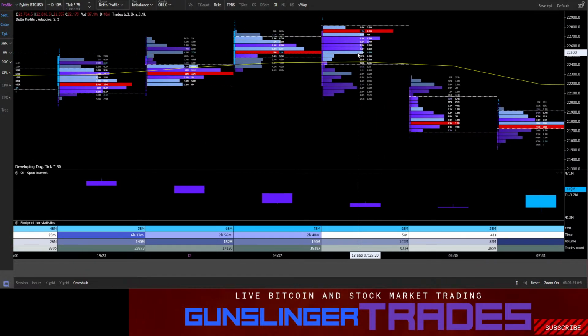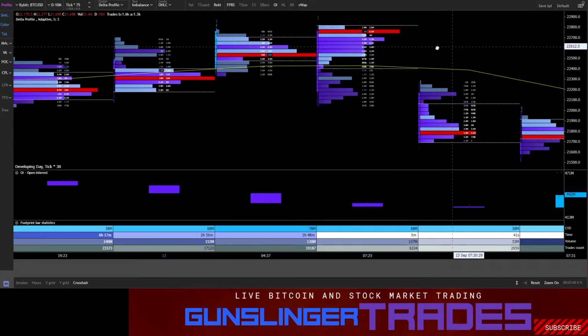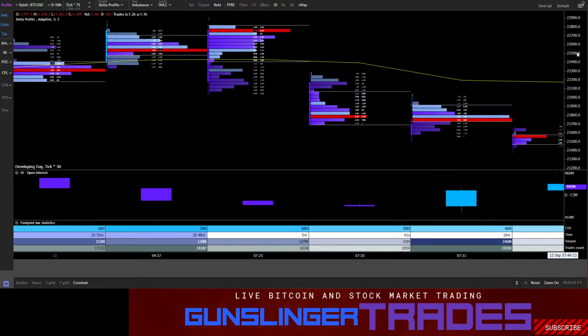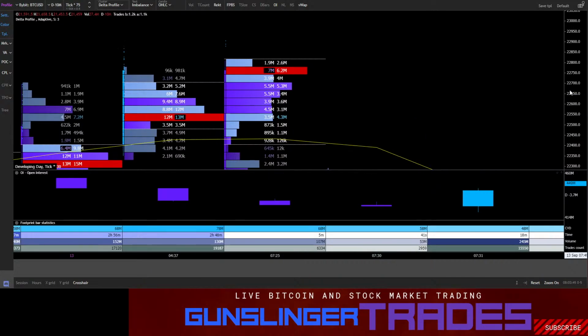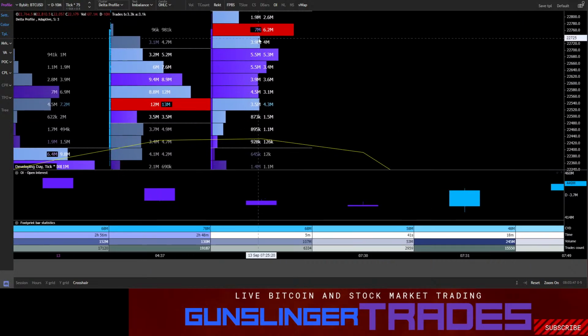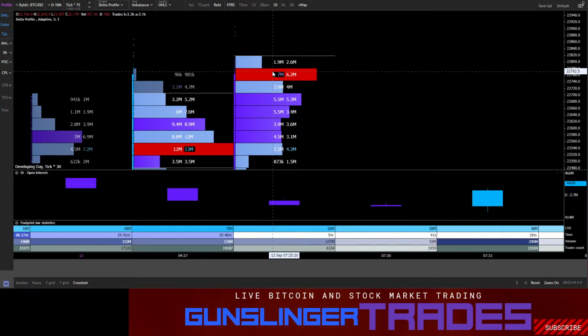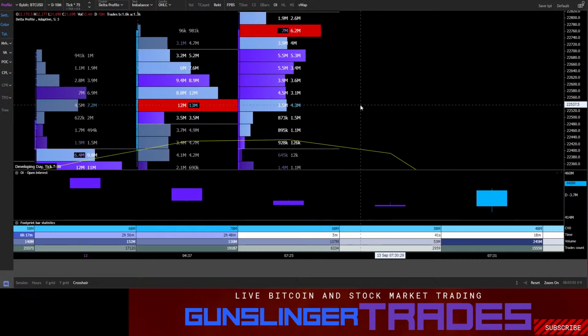And most importantly, here you could see before we got this huge dump down, a lot of selling, especially in the point of control. The point of control is the red area you see in Exo Charts here. If I zoom in a little bit here, hopefully you guys can see that, and within that you could see majority selling.